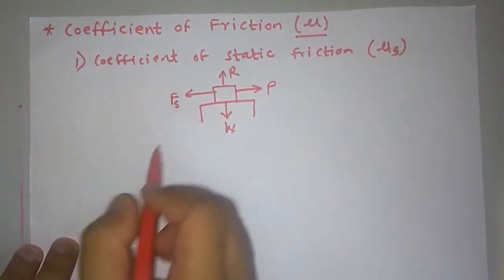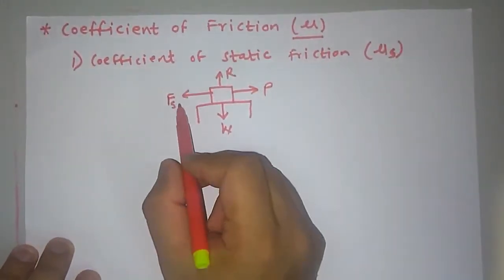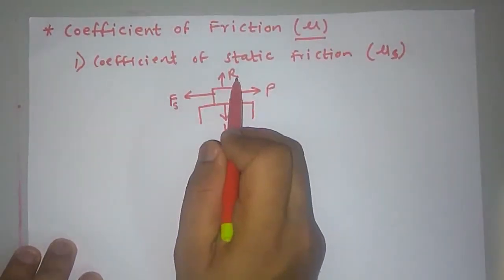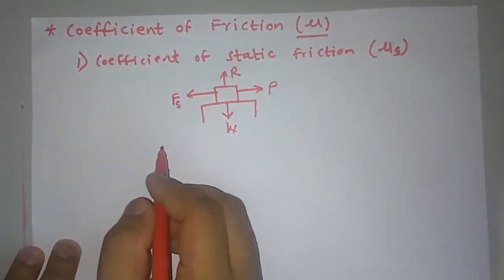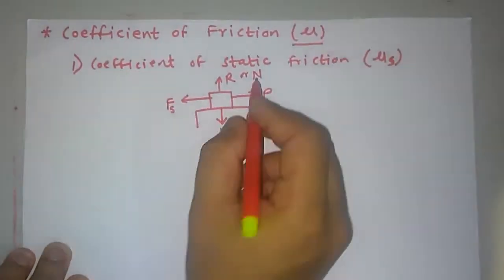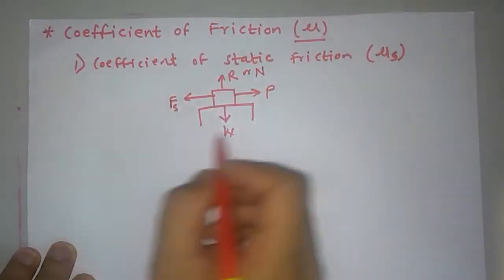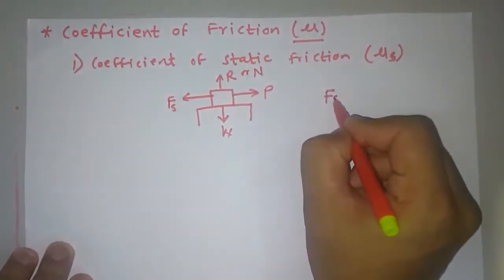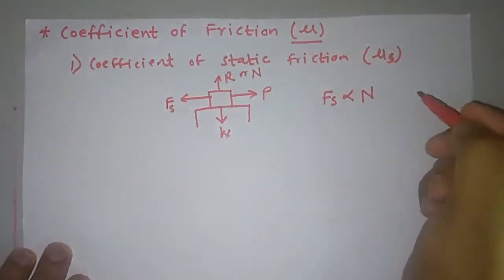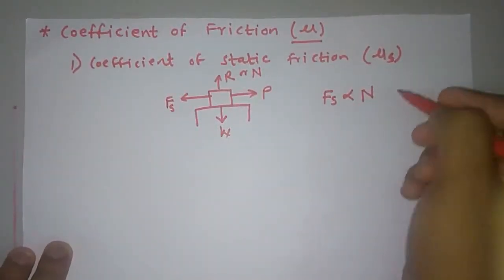Now this Fs is directly proportional to the R. Fs is dependent on this normal reaction R, or we can denote this as N also. So how we can write this relation? Static friction is directly proportional to N, that is normal reaction.